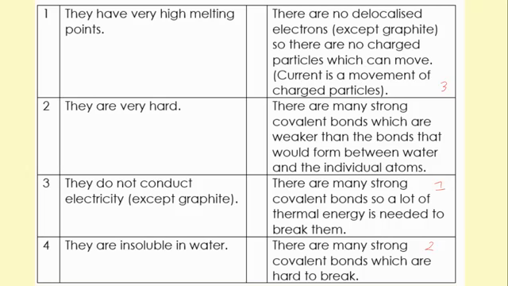In the previous lesson, we looked at the fact that current is a movement of charged particles. If we don't have charged particles that can move, we can't have a current. That leaves they are insoluble in water, which is this one here. There are many strong covalent bonds, and they're stronger than the bonds that would form between water and the individual atoms, so they don't dissolve.